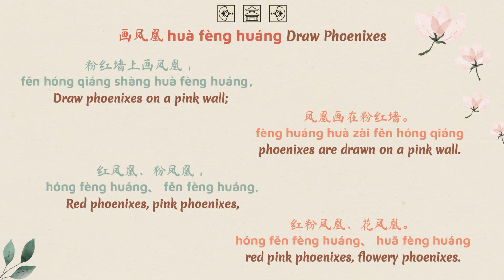You can repeat after me after I say each line. 粉红墙上画凤凰. 凤凰画在粉红墙. 红凤凰，粉凤凰。红粉凤凰，花凤凰。Now let's try saying the whole thing together. 粉红墙上画凤凰，凤凰画在粉红墙。红凤凰，粉凤凰，红粉凤凰，花凤凰。Now it's your turn.